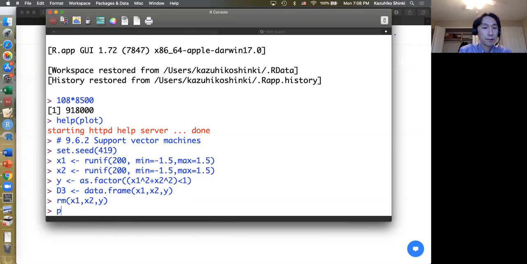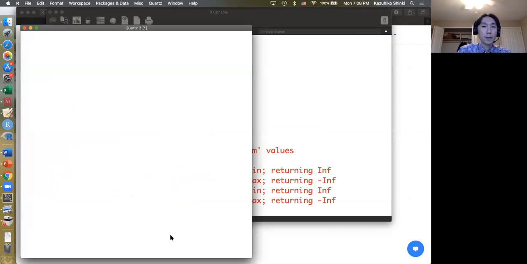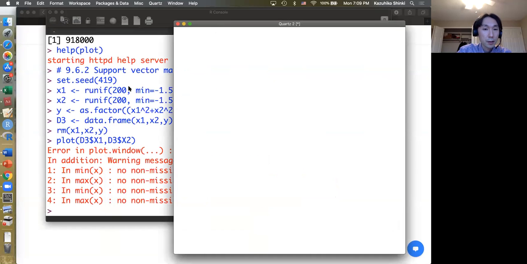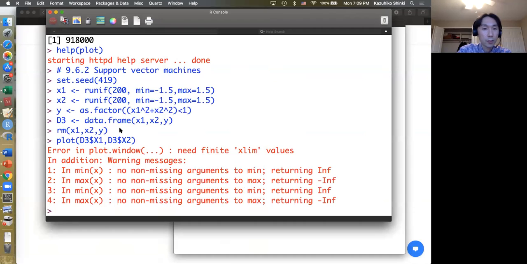So if you can, plot x1, x2, maybe these three. Then what happened? X1, I think it's lowercase.